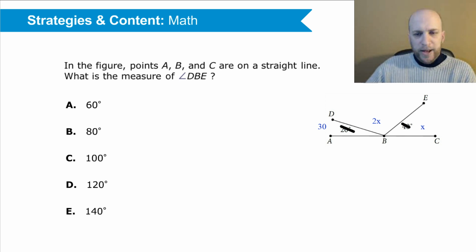How would I go about solving, and we're still going to solve for angle DBE. I'm just going to change a couple answer choices here. I want to change this one to 50. And I want to change this bottom one to 150. We're going to try it again.